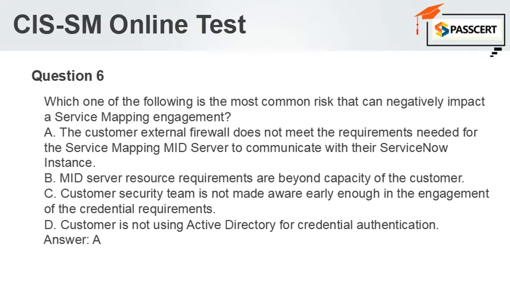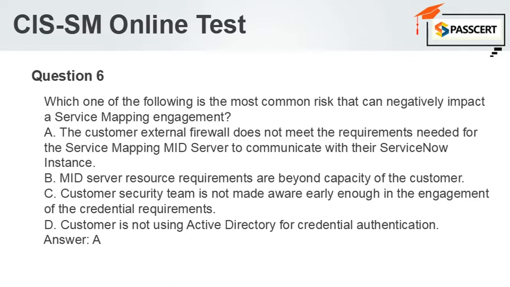Question 6. Which one of the following is the most common risk that can negatively impact a service mapping engagement? A. The customer external firewall does not meet the requirements needed for the service mapping mid-server to communicate with their ServiceNow instance.